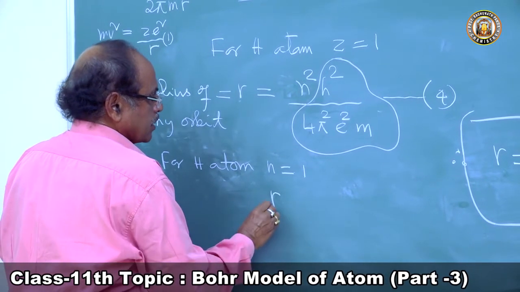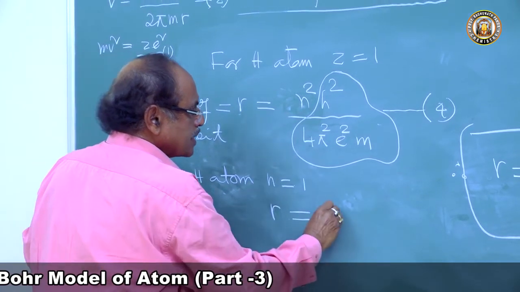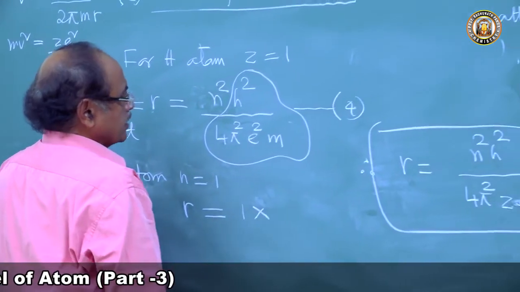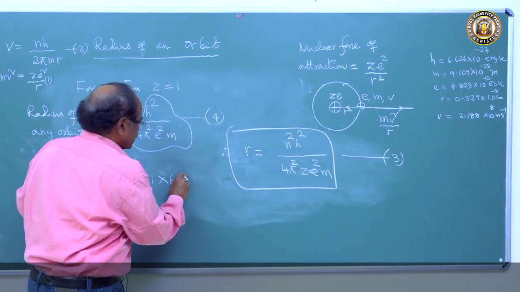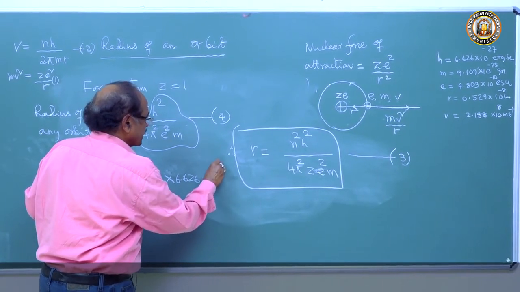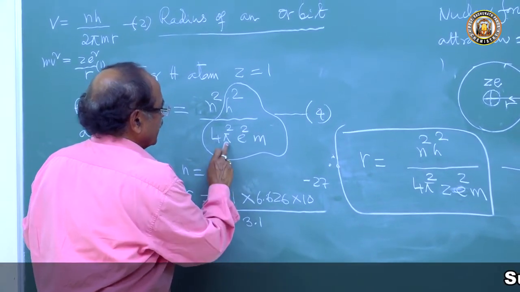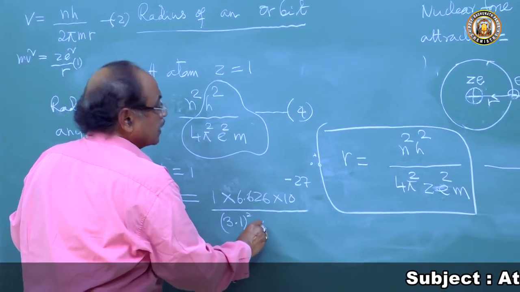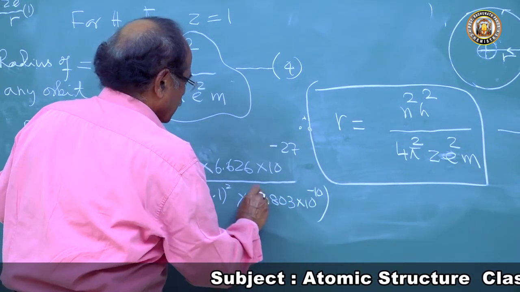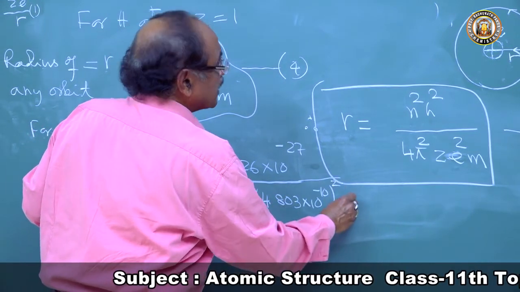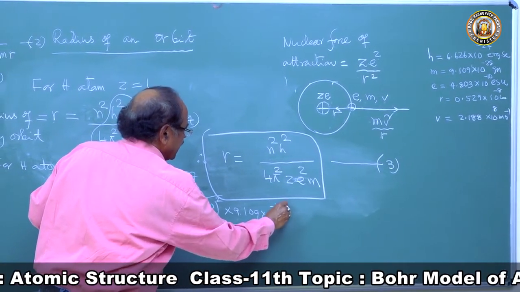So r1, the radius of the first orbit, will be: n is equal to 1, h we put the value 6.6266 into 10 to the power minus 27 erg second, pi we put as 3.14 squared, and e, the value is 4.803 into 10 to the power minus 10 electrostatic unit squared, and m, the mass of the electron, is 9.109 into 10 to the power minus 28 grams.